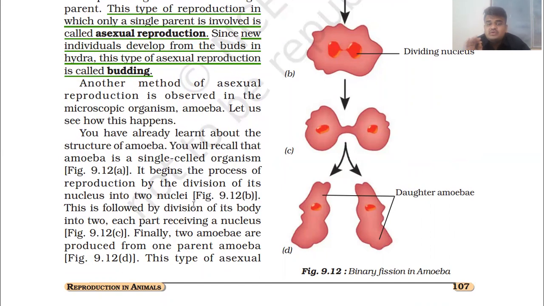This is followed by division of its body into two, from one to two, two to four. It begins reproduction by the division of its nucleus into two nuclei. This is followed by the division of its body into two, each part receiving a nucleus.